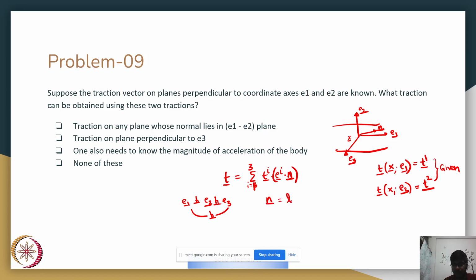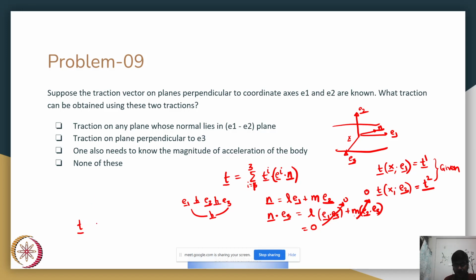Then we can write n as a linear combination of vectors E1 and E2, so L E1 plus M E2. Therefore, if you do n dot E3, what you'll get is L E1 dot E3 plus M E2 dot E3. But since these are orthonormal to each other, E1 dot E3 goes to 0 and E2 dot E3 also goes to 0. Therefore, n dot E3 will be equal to 0.